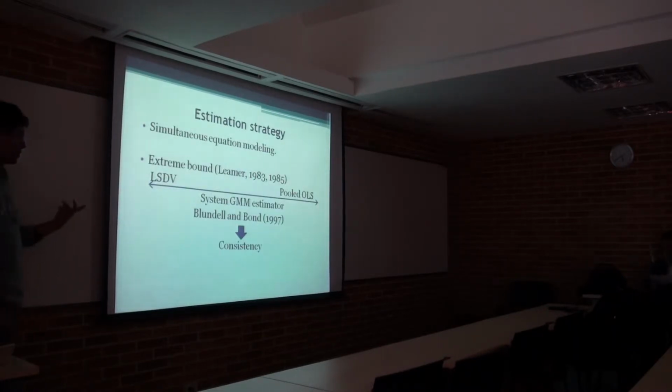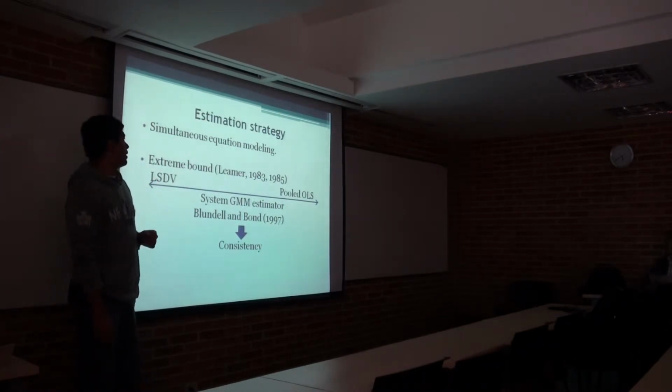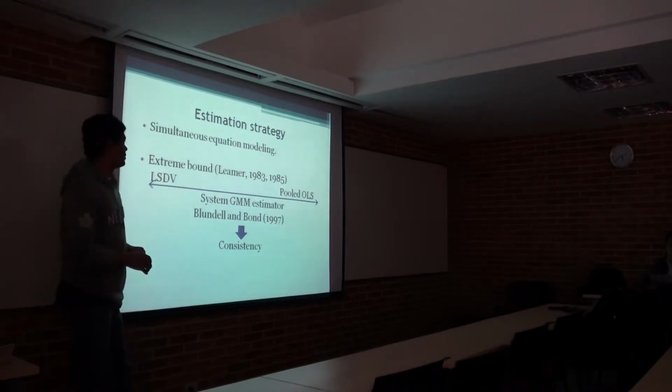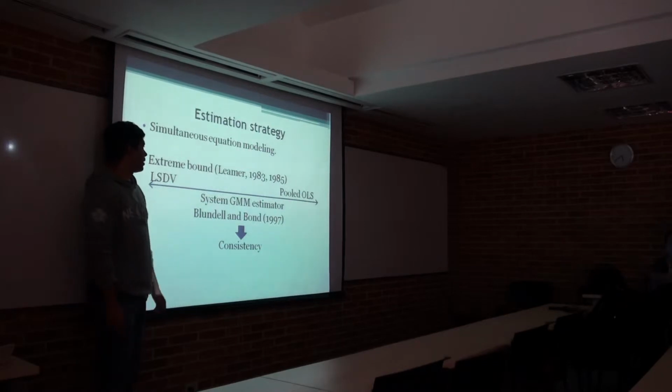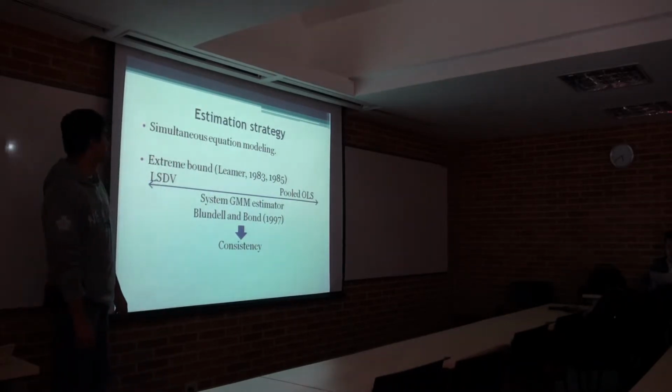The second problem is heterogeneity. There are two approaches also. Simultaneous equation modeling. The problem is the number of variables that appear in the relationship when you are estimating the model. And the second is the extreme bound developed by Leamer and other economists.